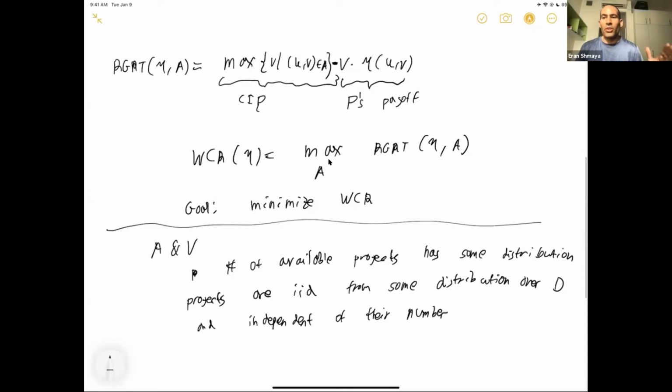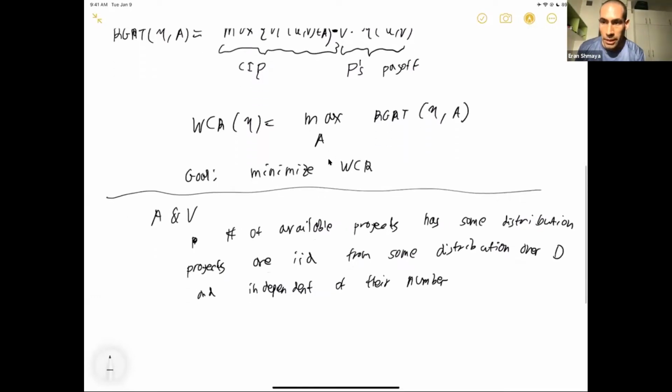So first God decides how many projects will be available, and then God randomizes the realization of the projects independently of their number. Okay, and under these assumptions, they got two things.